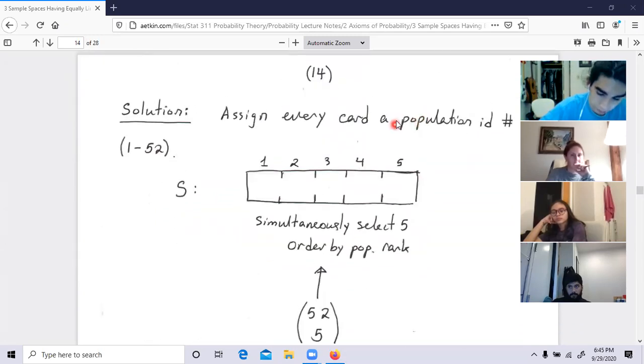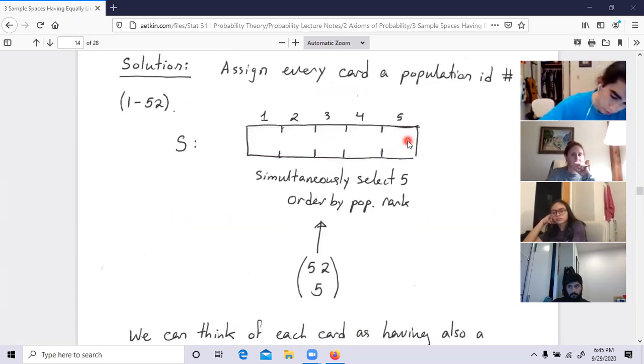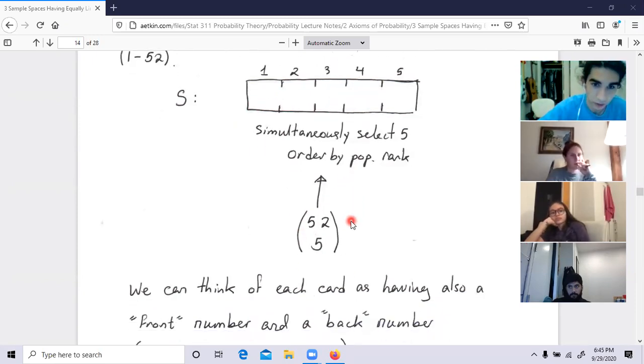If I select without order, in other words simultaneous sampling, then there are 52 choose 5 entries in my sample space, where I enter them in order, putting the values that I selected in their population order. That's how I know there are 52 choose 5, and we developed mechanisms for that from a previous example.